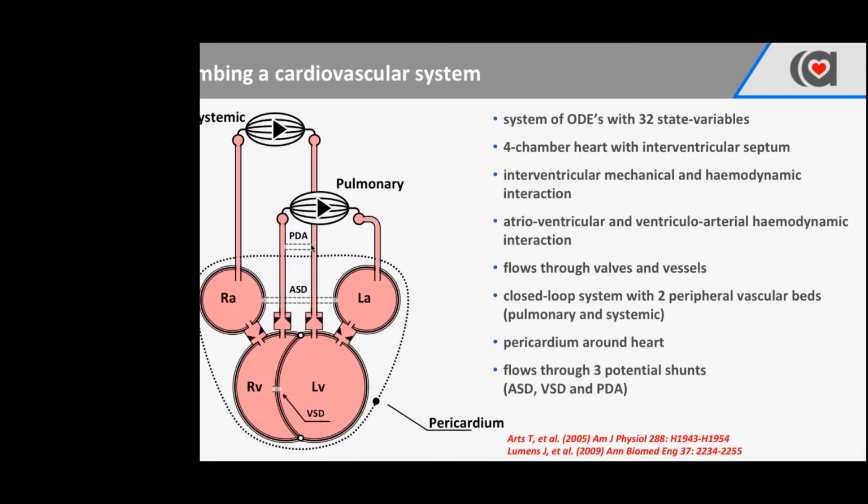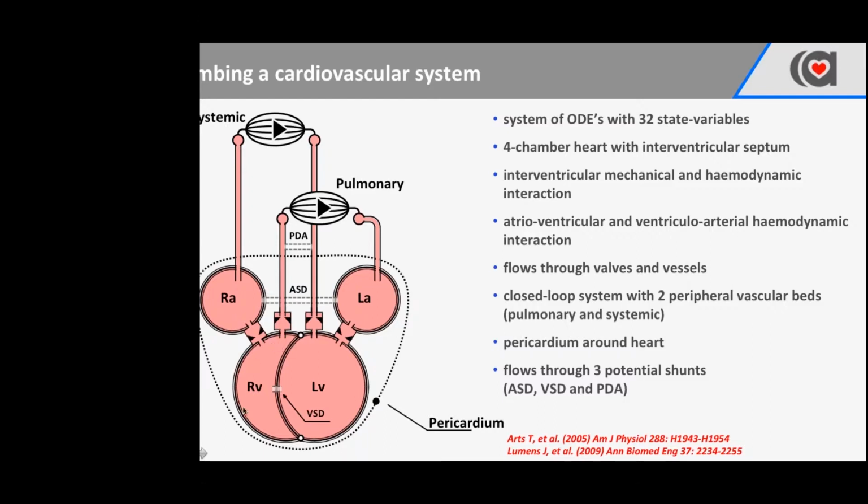So with these kind of modules, you can see that you can construct any kind of circulation which you can think of. For example, a tricuspid atresia, in which there is no valve between the right atrium and the right ventricle, can be constructed, because in those cases there is always, or almost always, an ASD that allows the blood from the right atrium to pass to the left atrium, then to the left ventricle, then by means of a particular septal defect towards the right ventricle, and then into the pulmonary artery.